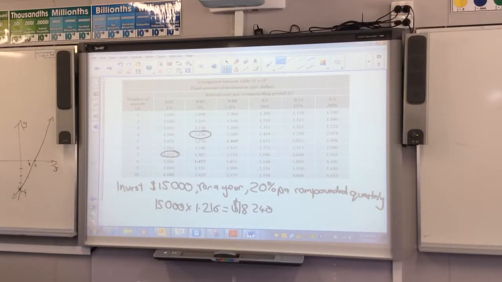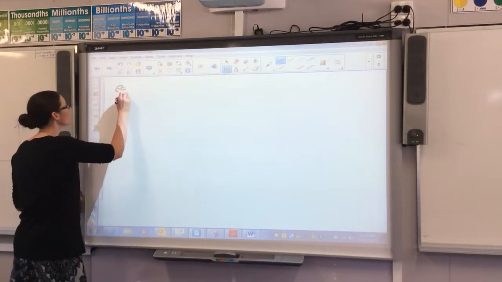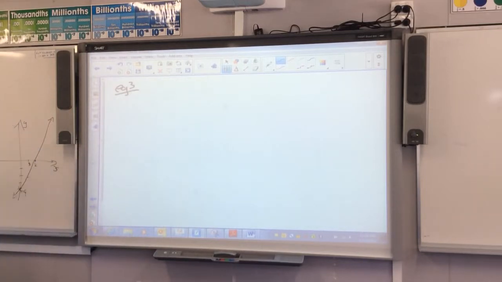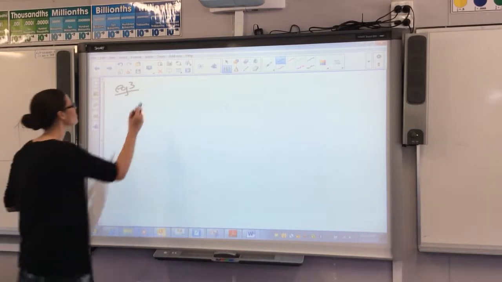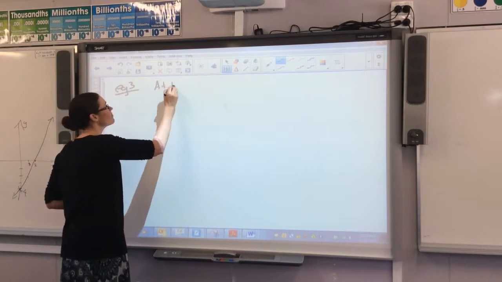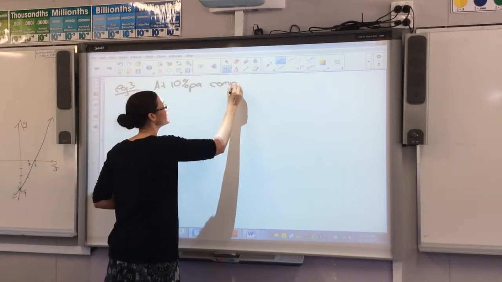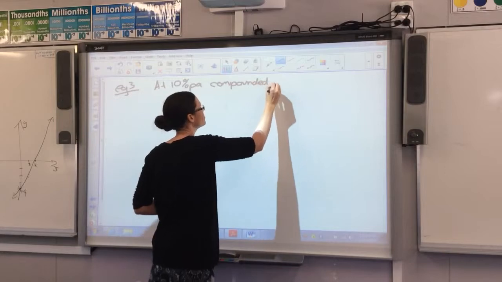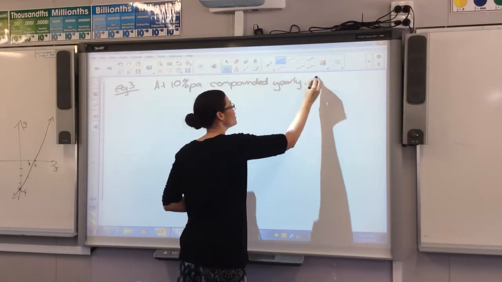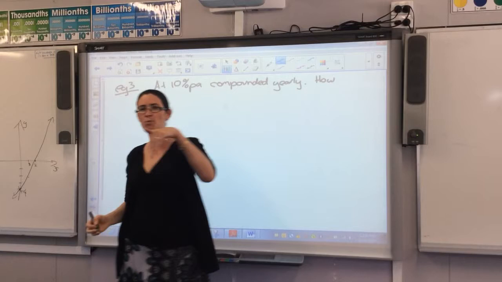So, for example, let's find one that works. In my third example, the interest rate is 10% per annum, compounded yearly. I'm going to ask you, how much will I invest now?